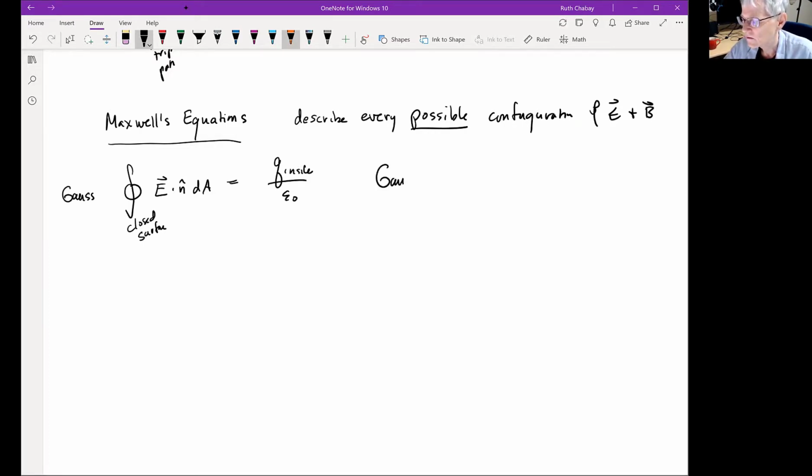And Gauss's law for magnetism, which says that the integral of the magnetic flux over a closed surface is 0 because there aren't any magnetic monopoles.